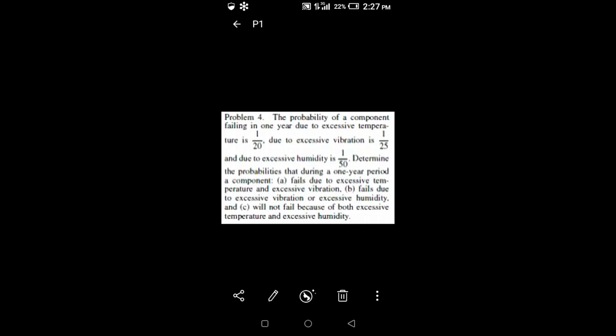Determine the probabilities that during a 1 year period, A, a component fails due to excessive temperature and excessive vibration. B, it fails due to excessive vibration or excessive humidity. Then C, it will not fail because of both excessive temperature and excessive humidity. To answer this question is very simple and straightforward. We are going to apply the laws of probability as we answer the question.